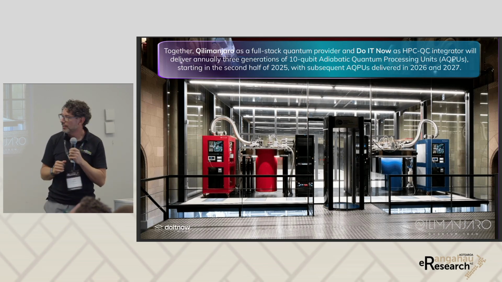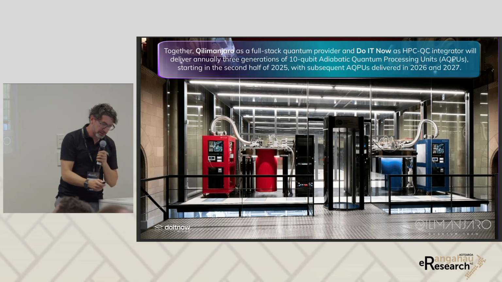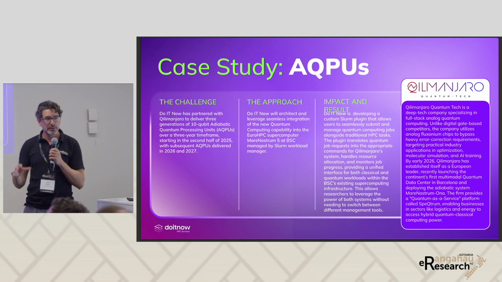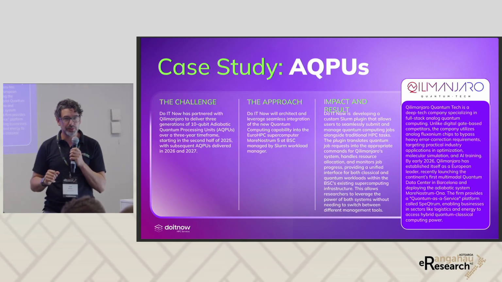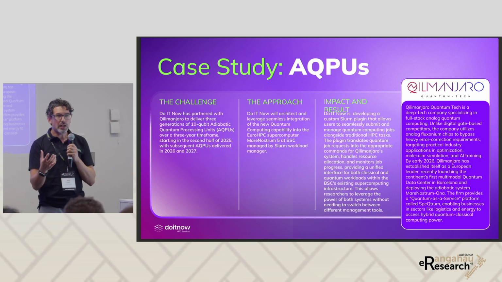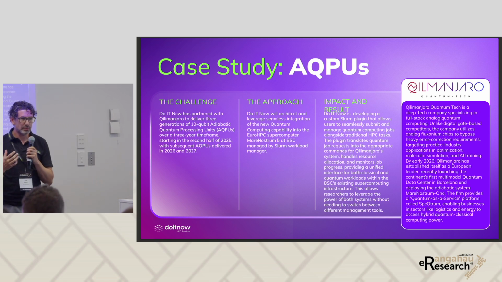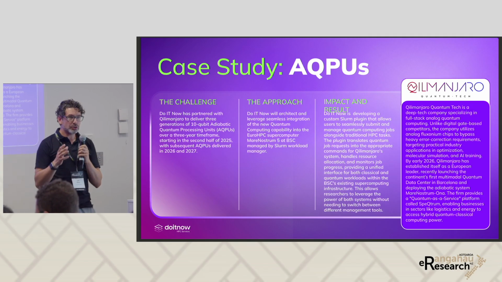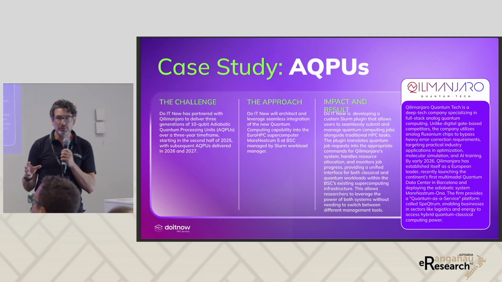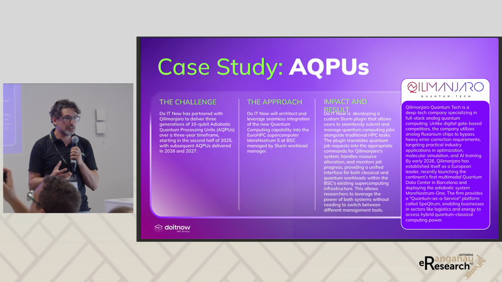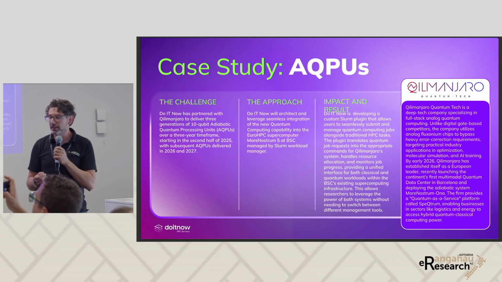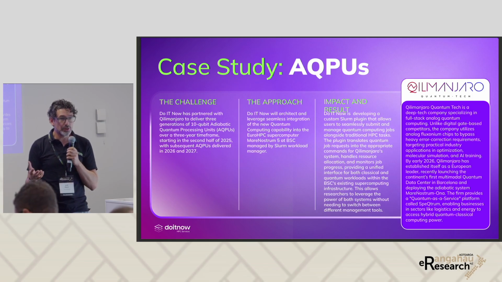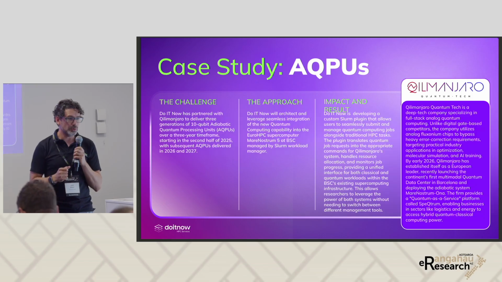So we partnered with Kilimanjaro to deliver this interaction between classical HPC and the new era, the quantum computer. This is how we see the future of quantum: hybrid. Not everything will fit in the quantum computer. You need an actual HPC system able to fit the data and do the initial assessment and an initial workload, and then eventually you go to the quantum computer.